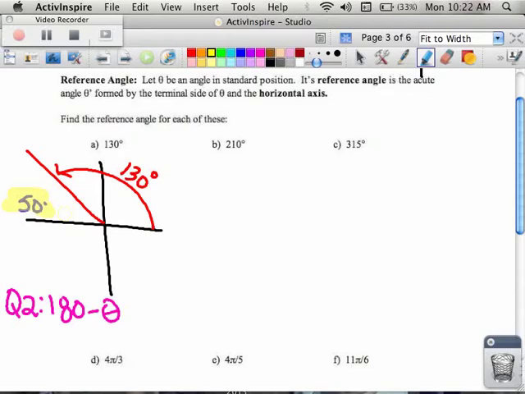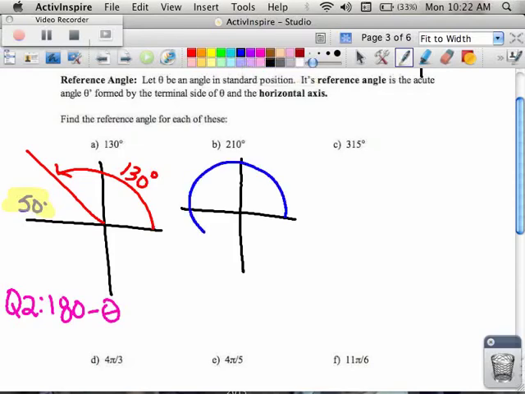Let's look at the next one. 210 degrees goes like this. 90, 180, 210. So here's 210 degrees. Comes to this point right here. And the reference angle is the angle always between where your terminal side is and the x-axis.